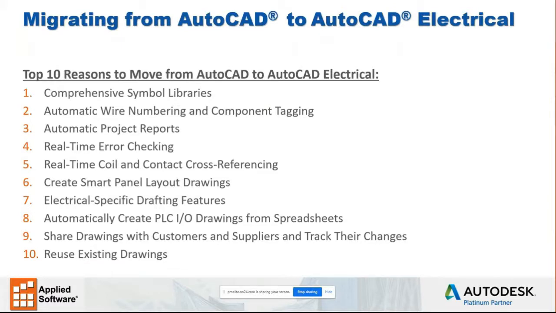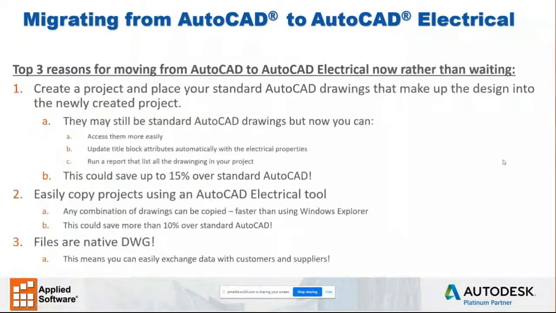Besides the obvious ones like error checking, running reports, and once you make your electrical project smart, the top 3 that I really like are creating a project and placing your AutoCAD drawings in it.